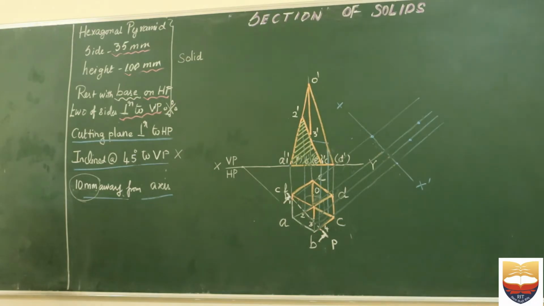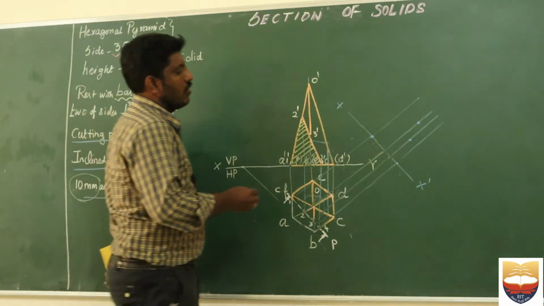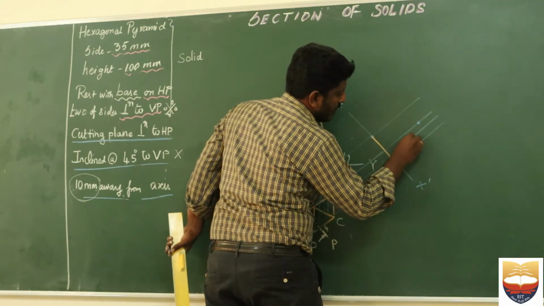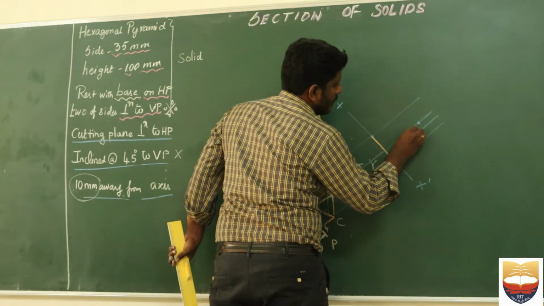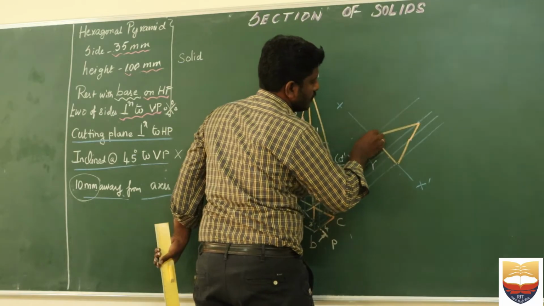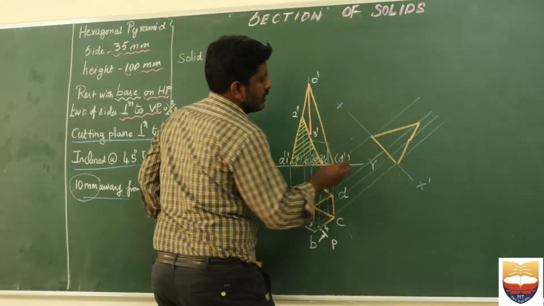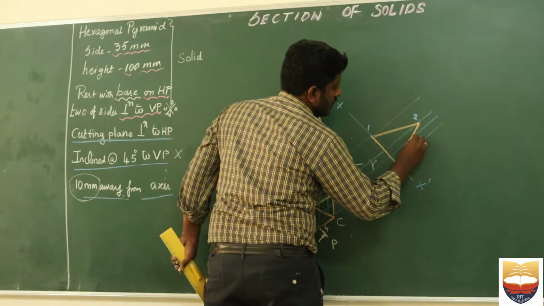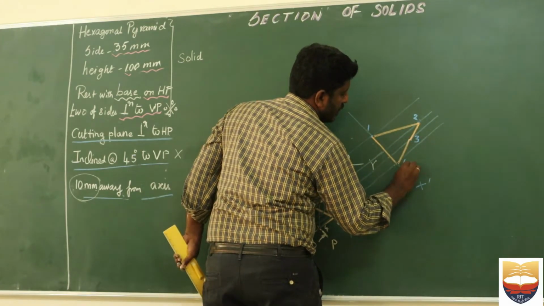Now let us connect all the points in order to complete the true shape of the problem. See here, this is my point number 1, this is point number 2, this is point number 3, and this is point number 4.